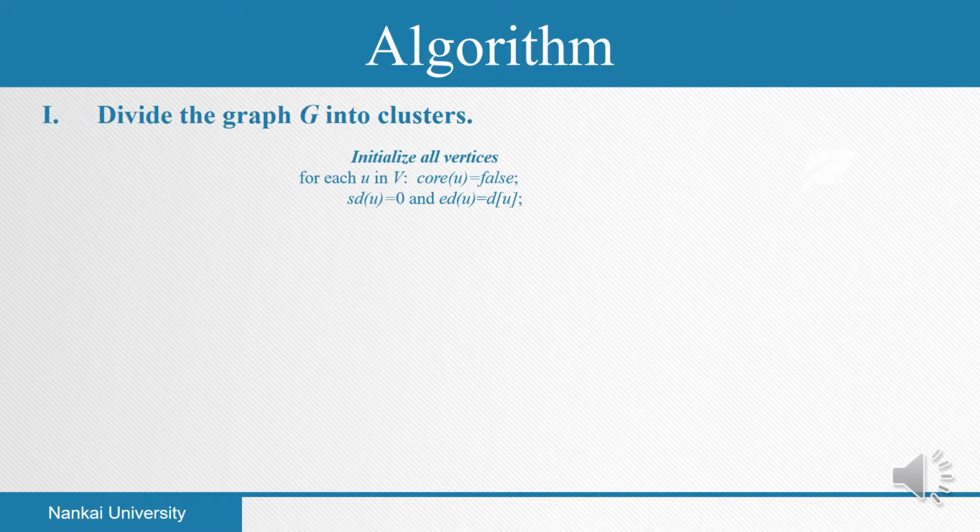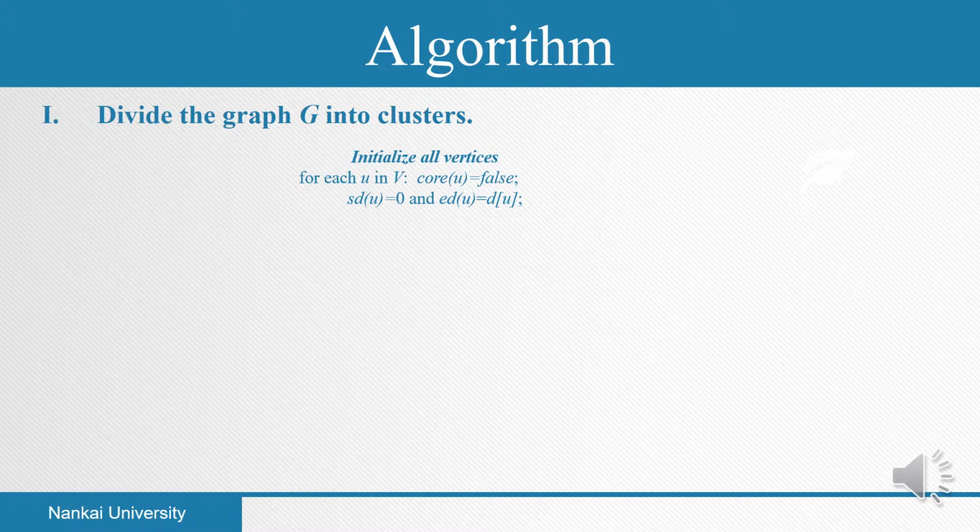First, we initialize all vertices in G. For each vertex U in V, we set U as non-core vertex.